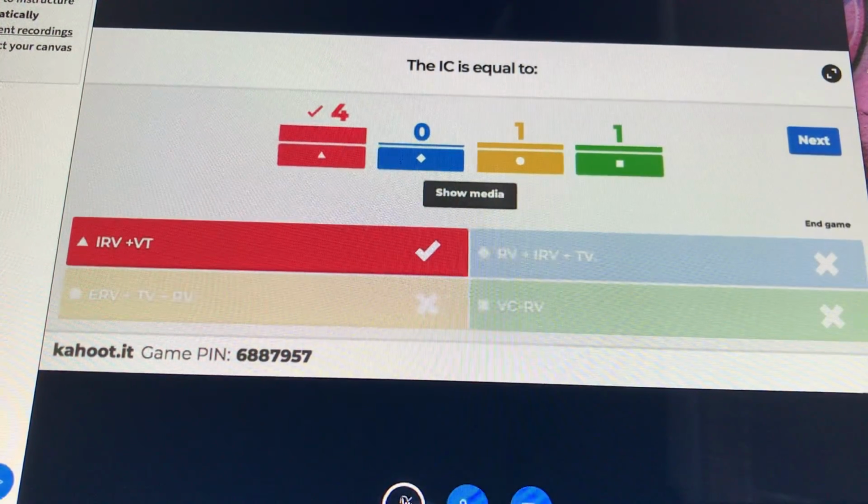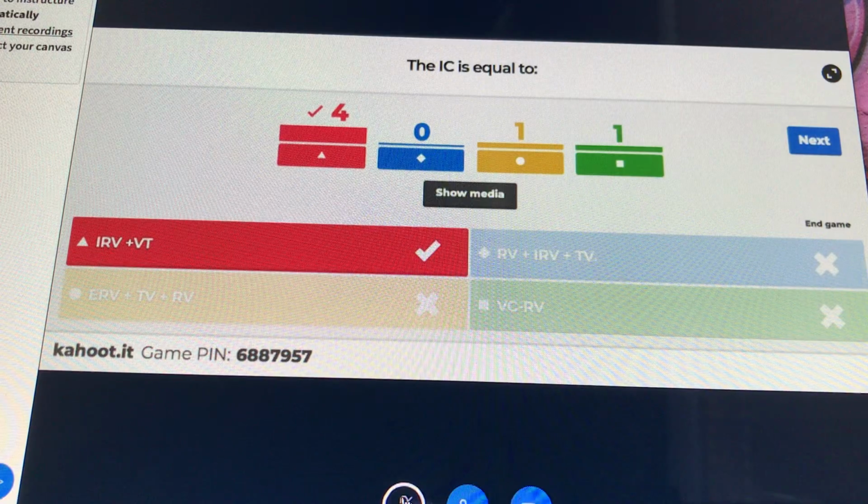That's your IRV and your VT. Think about it. Your VT is a normal inhalation. Your IRV is a maximum inhalation after a normal inhalation. And of course, your inspiratory capacity is a maximum inhalation. So you could either look at your box, visualize your box, or just remember what each of those values are.